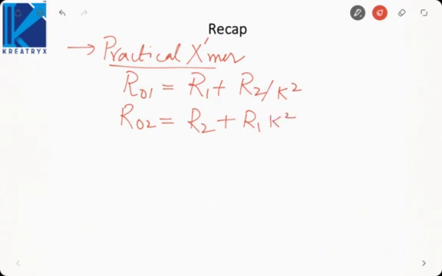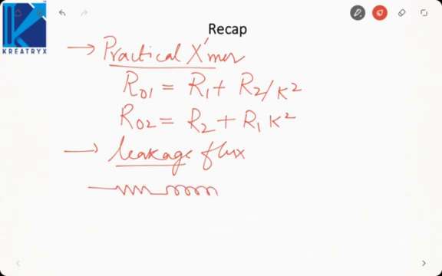Then we saw the effect of leakage flux and represented it in terms of series reactance, which is called leakage reactance. Then we constructed the equivalent circuit of the transformer. The exact equivalent circuit looked something like this.